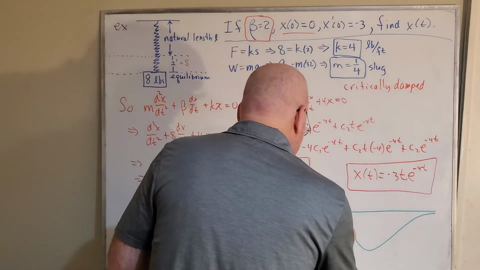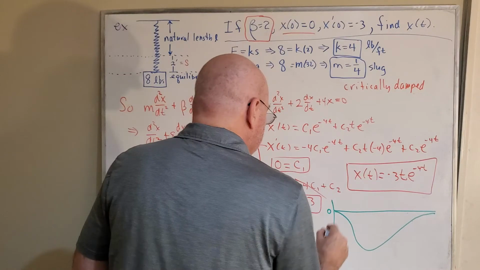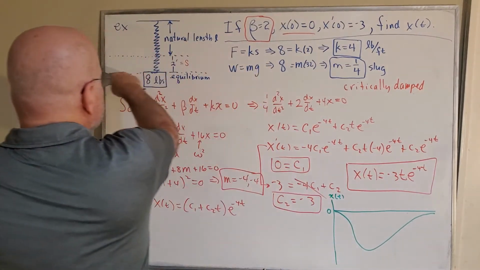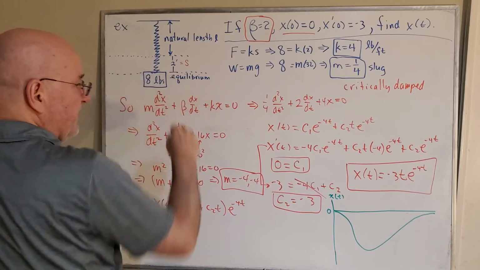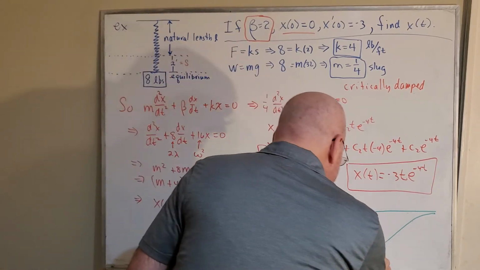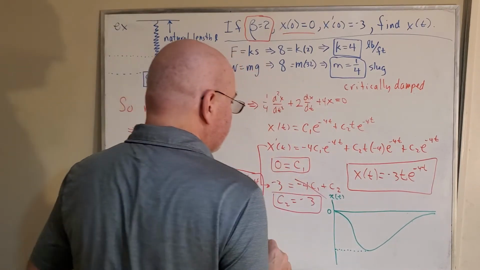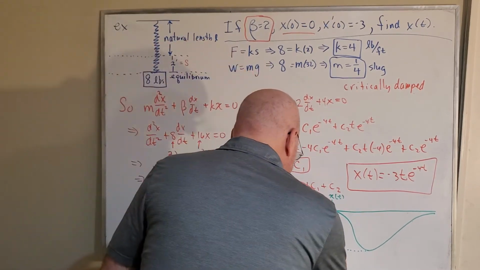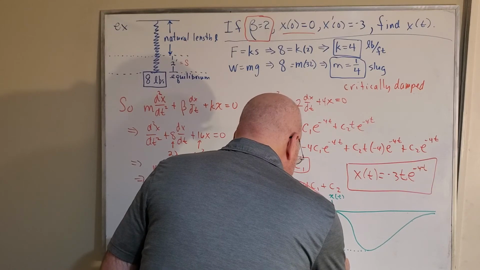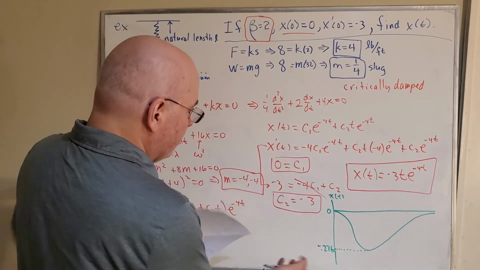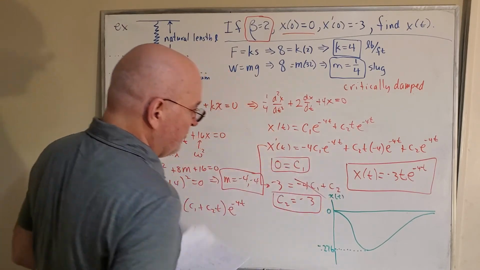That's 0, that's position 0. That'd be this right here, equilibrium. And this point right here, if you set the derivative equal to 0 and solve it, you'll find out that it's negative 0.276.